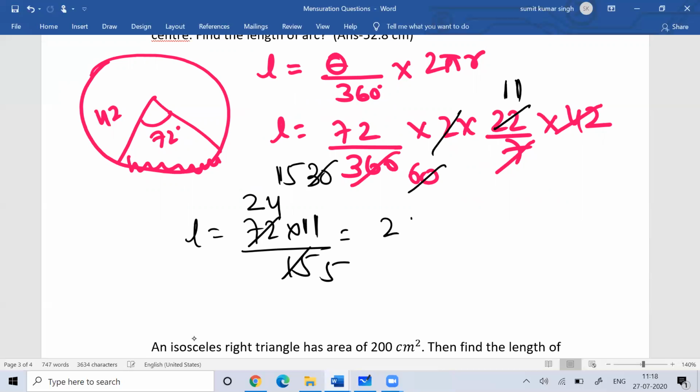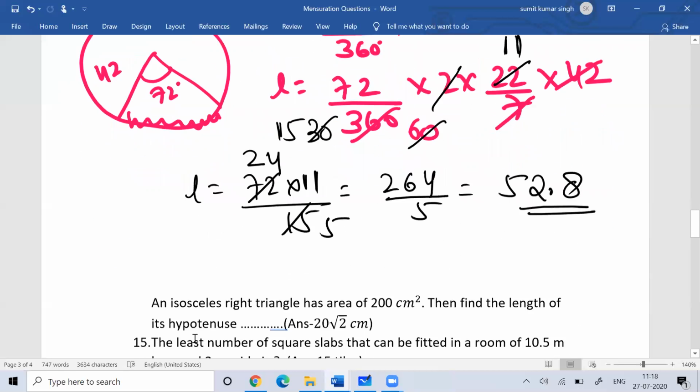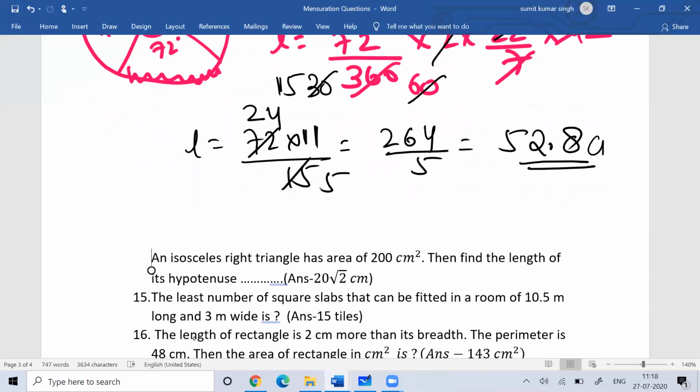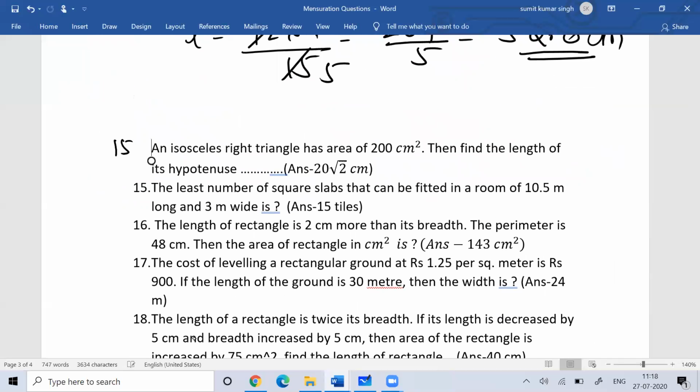So this is 264 divided by 5. 5 twos are 10, then 2, and you get 52.8. Whatever unit is given, centimeter or meter, that is your answer. Okay, that is your answer. Then this was question number 14. So this is question number 15.